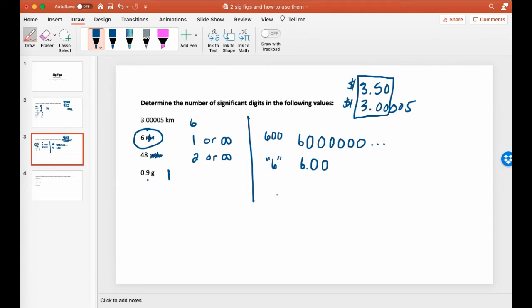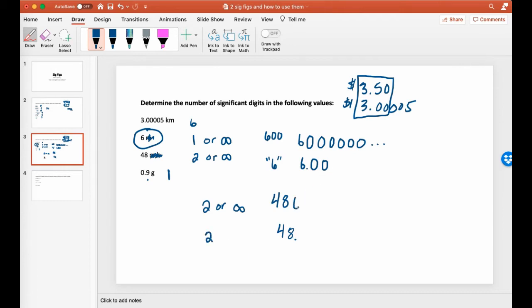So with that said, let's take a look at the number 48. If we take a look at 48, then we go back to the concept of 48 point. We would say that this is 2 or infinite, which we already said, right? This right here we say is 2 significant digits.